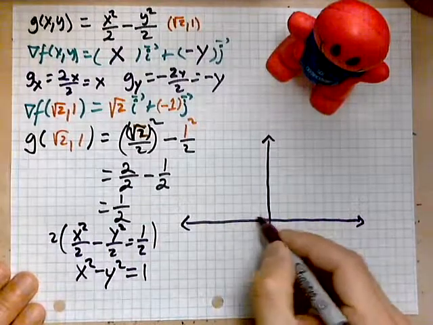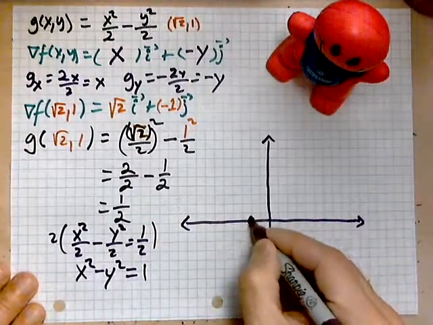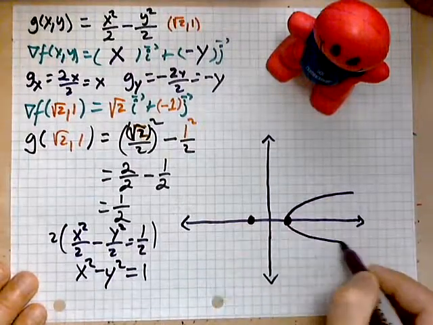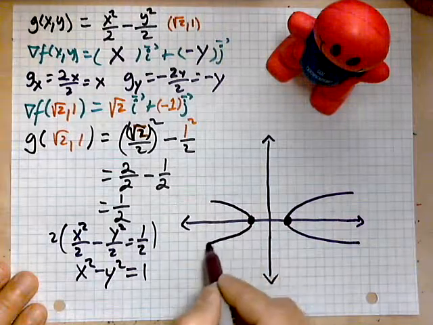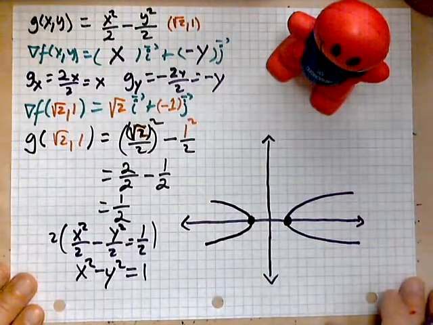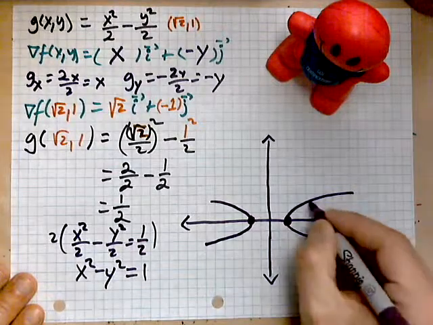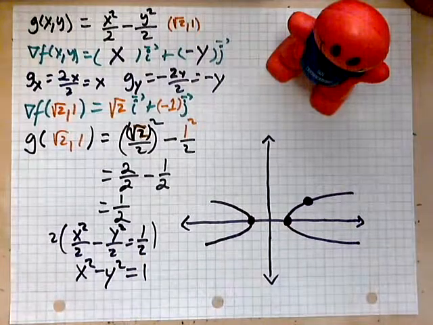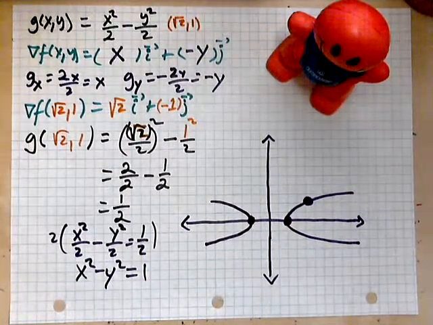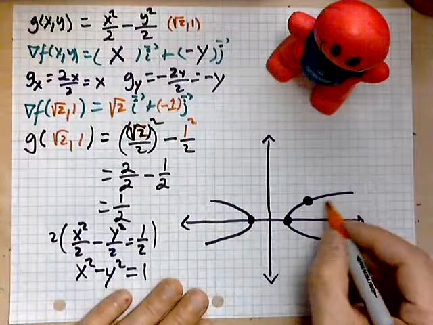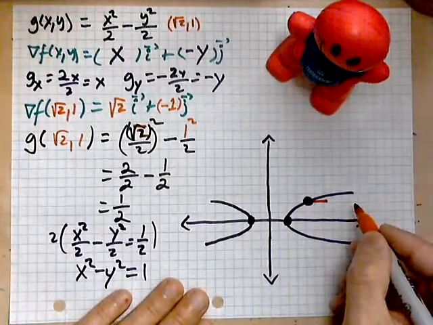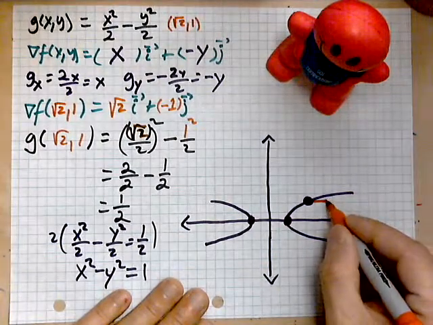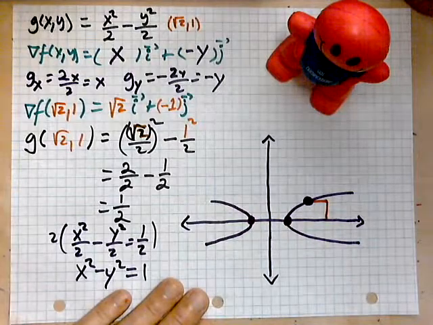For this hyperbola, I'm going to take 2 spaces to be a 1, to the left and to the right. So this is a hyperbola that looks like this. Now the point root 2 comma 1 is roughly about here. Once you've done this, mark the gradient at that point. It's got an x component of root 2, so roughly from there to there, and then 1 down. Then you connect with an arrow.